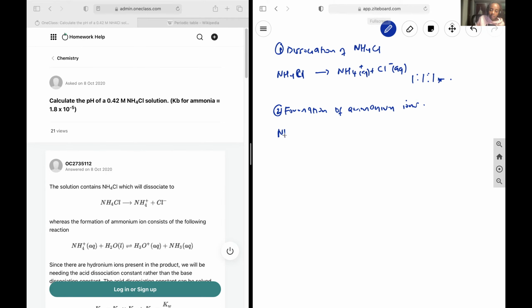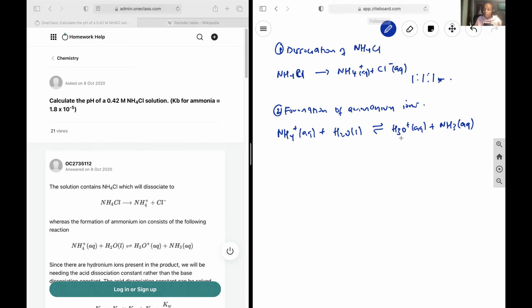So you just add NH4 plus H2O liquid. So just a typical acid-base reaction. Plus NH3.